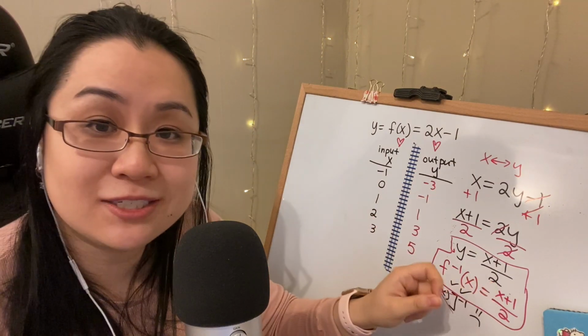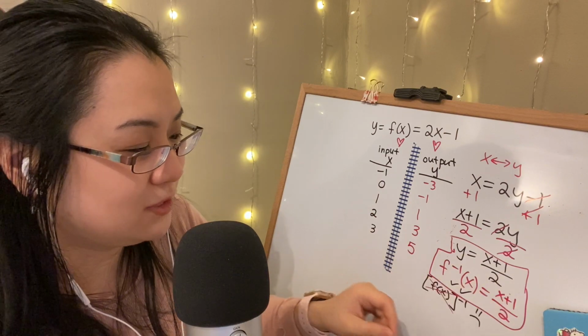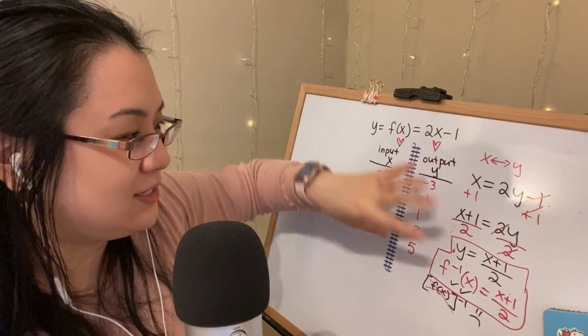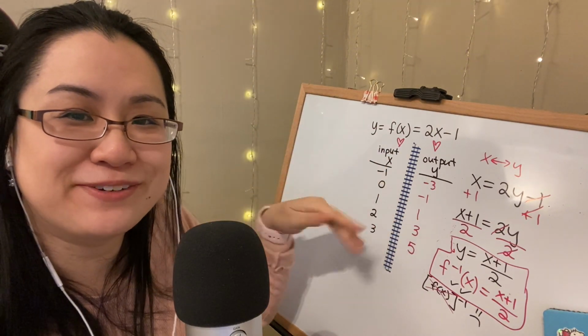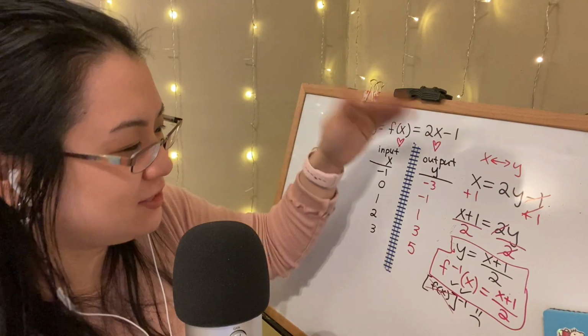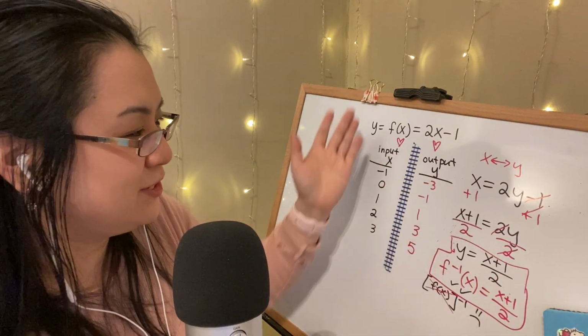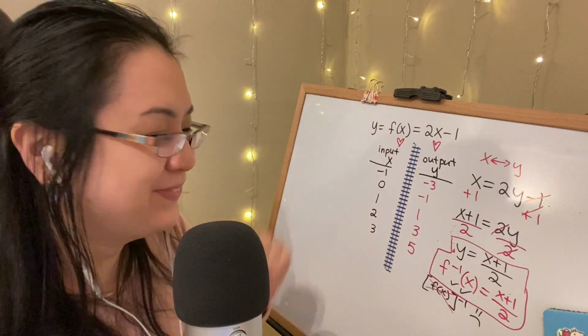Negative 3 plus 1 is negative 2, divided by 2 is negative 1. Negative 1 plus 1 is 0, divided by 2 is 0. So this is my decoder. It's my reverse, inverse, however you want to put it. So if I give you this secret code, you can solve for this secret code to give me something back over the cute washi tape wall.